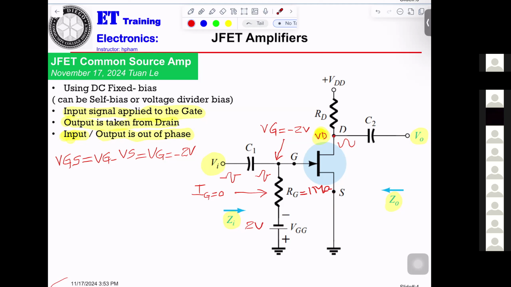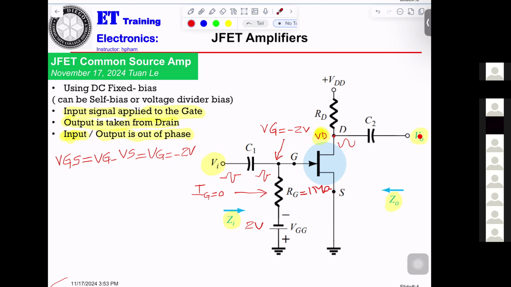And how you can tell it's a common source is it's gate to drain. So VI minus VO, right? Gate to drain equals common source. It's just the way, when you're looking at a circuit, how you could tell. You have to know where the input, V in, is and where the output, V out, is.